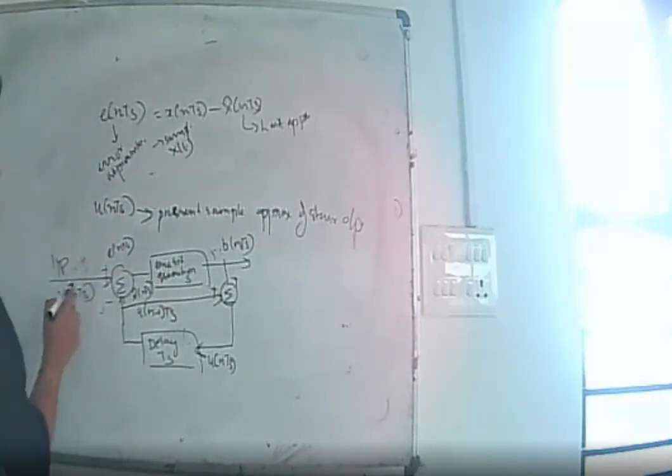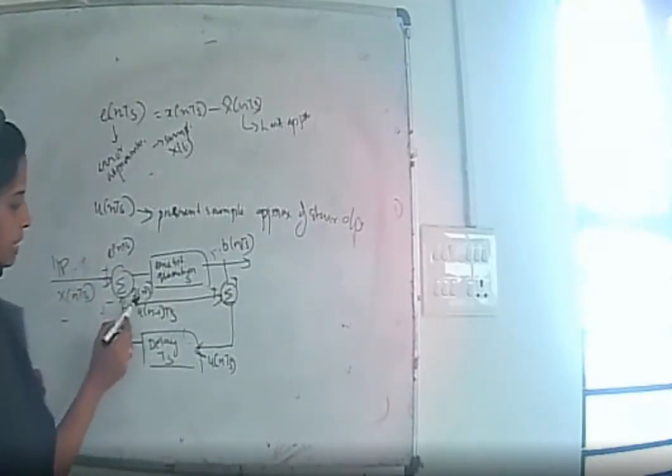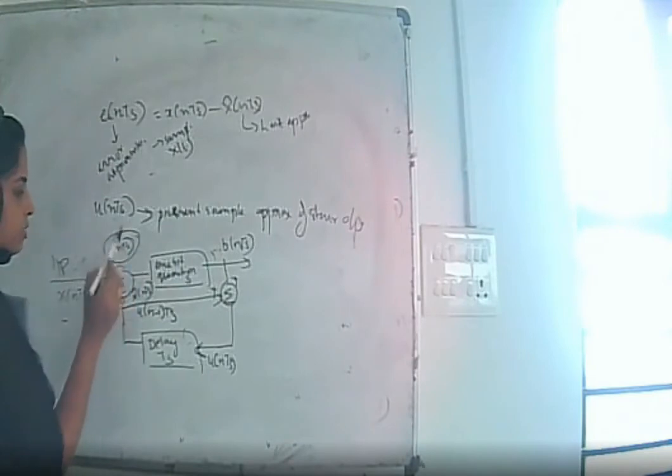So x of nTs minus x cap of nTs is nothing but e of nTs.